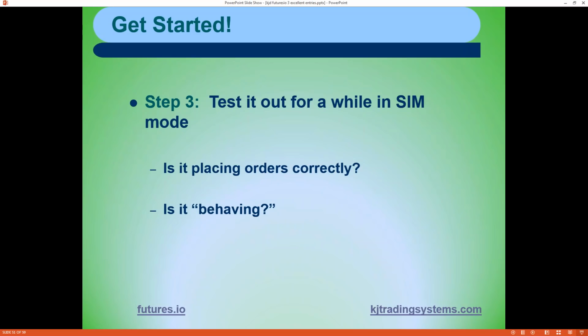Of course, this was in sim mode, so it wasn't actually real, but he said if he had been trading real, he wouldn't have gotten to 1,000 because he would have run out of purchasing power. But the point is, he had a bug in his automation that was just firing off orders. So you want to test it out and just make sure it behaves.